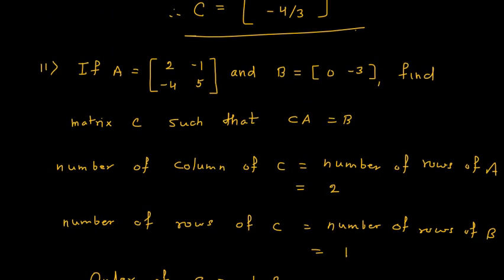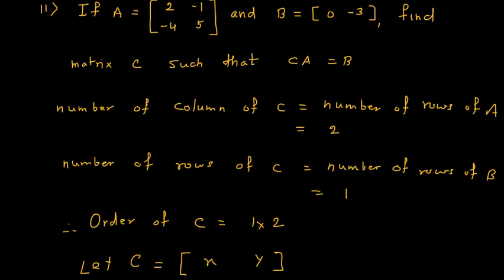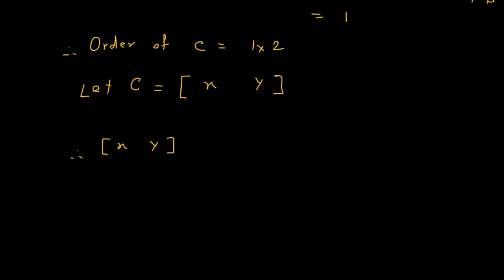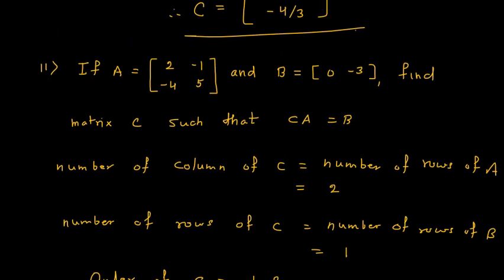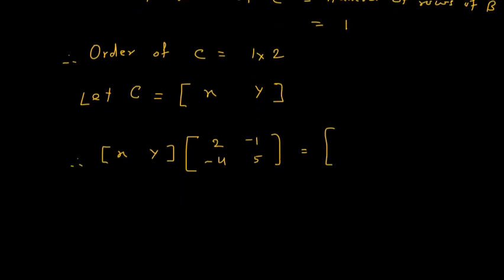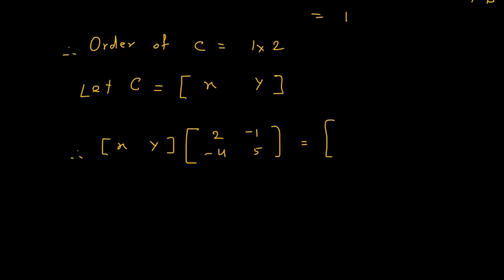C into A is equal to B. So C into A, that is 2, minus 1, minus 4, 5, is equal to 0, minus 3.